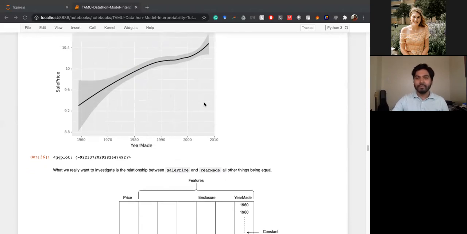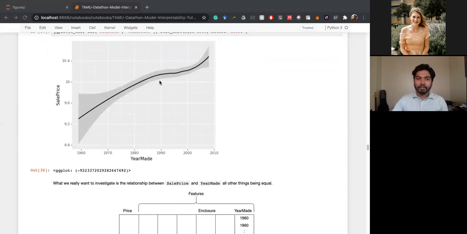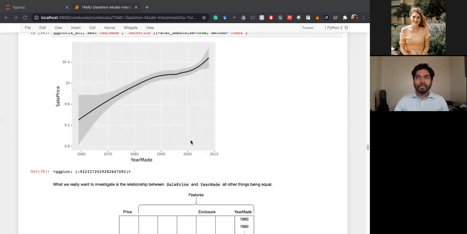So our intuition says that as the year made increases, the sale price should also increase. So let's say I want to see if there was a particular equipment that I sold to the same person and at the same auction. I keep everything constant and see if I sold it in 1980 and if I sold it in 1990, would it have a different price.